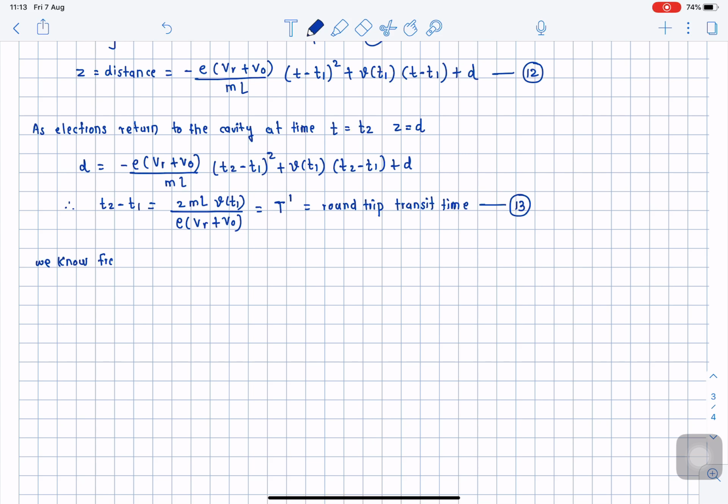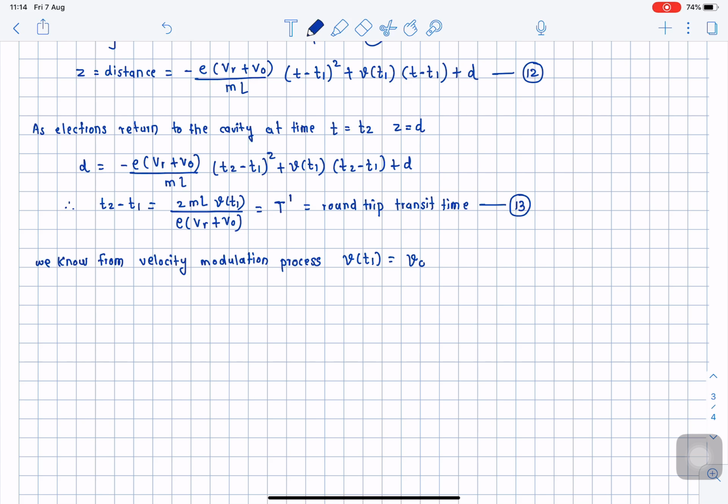Okay, now next we know from velocity modulation process, what we know from the velocity modulation process, how the velocity of electron at time t1 is given. So that is v of t1 from velocity modulation equation. How we can write?